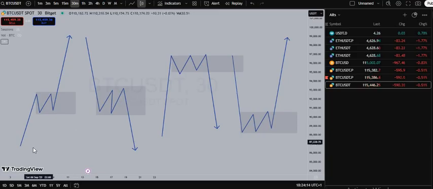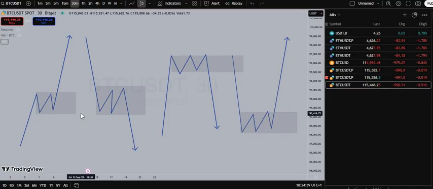Now, rally-base-rally is either a supply structure or a demand structure in the market. Usually supply and demand are identified with 3 or more candlesticks in the market.